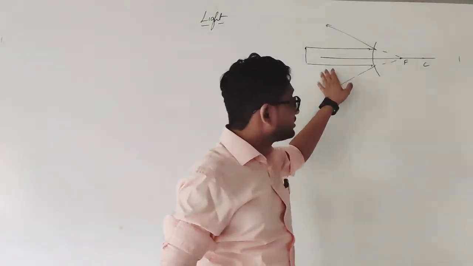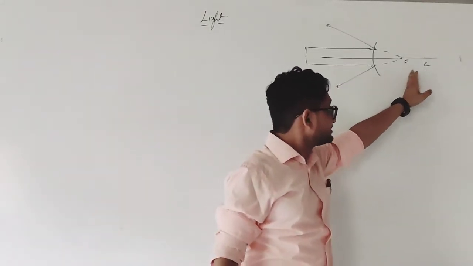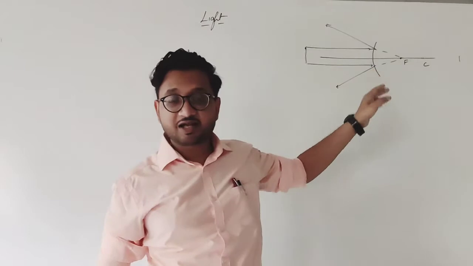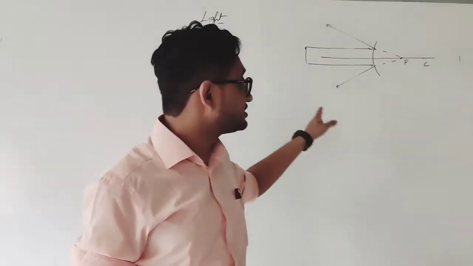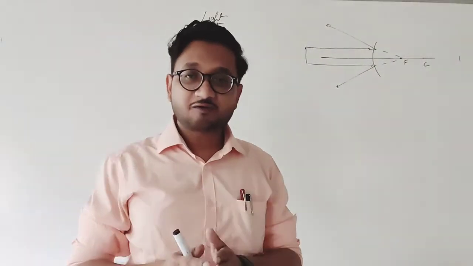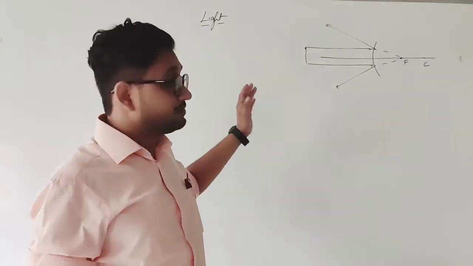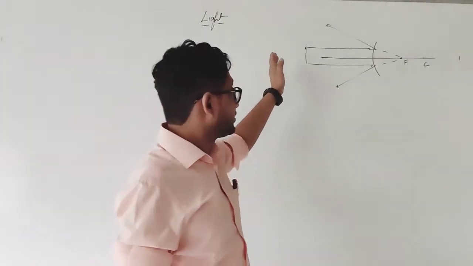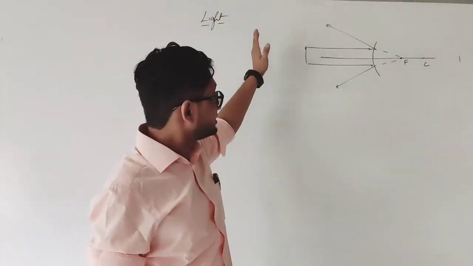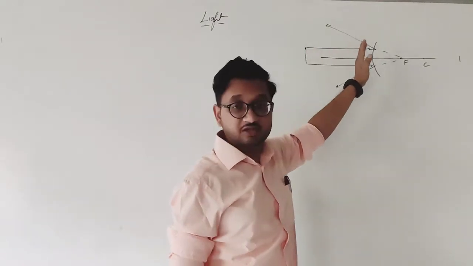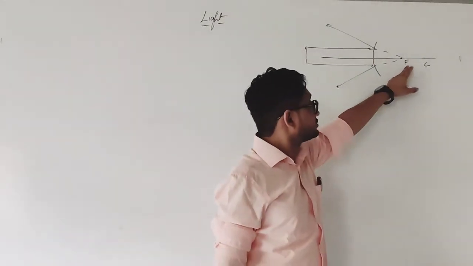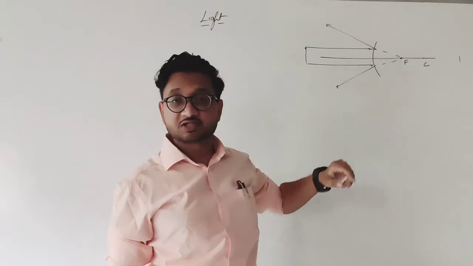Now this particular case has the focus and center of curvature on the other side, and the other reason is that because it is a diverging mirror, the rays of light are never going to meet each other, because they are always diverging. So as soon as you bring the object closer and closer, the image also comes closer and closer towards the mirror.